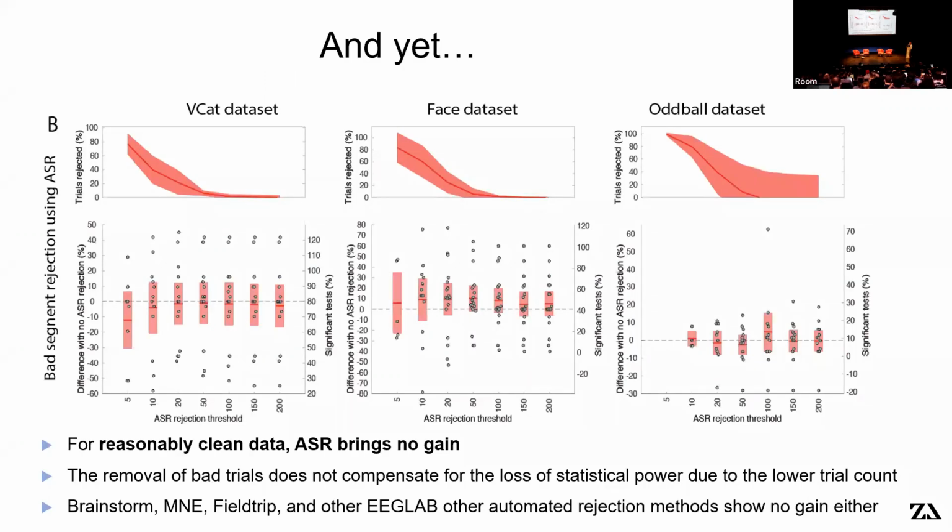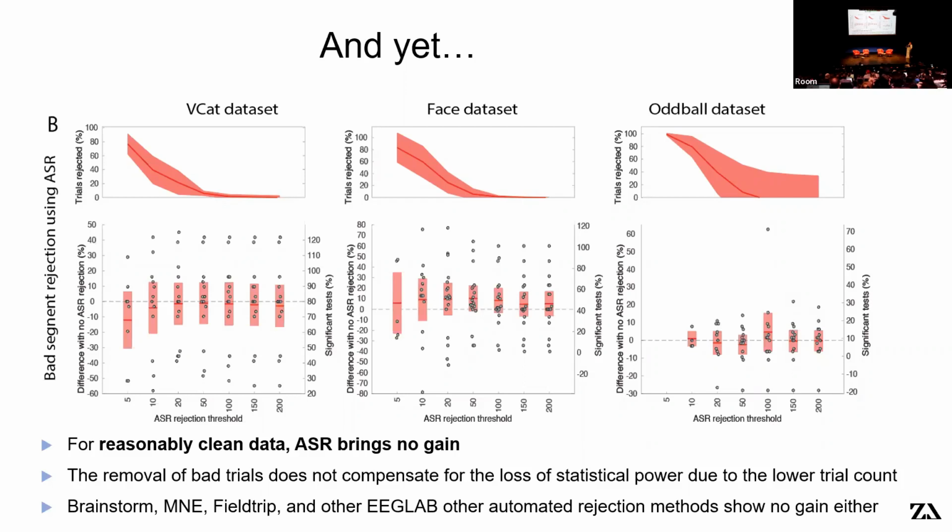Arno again compared it across the different data sets, and he found no gain using ASR, but he used only the option to reject portions of the data. And again, the data is very clean.